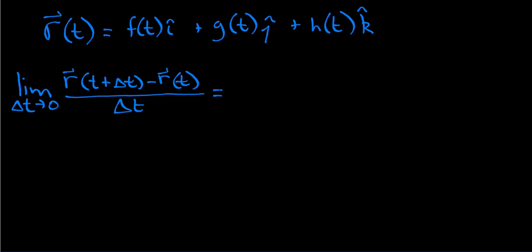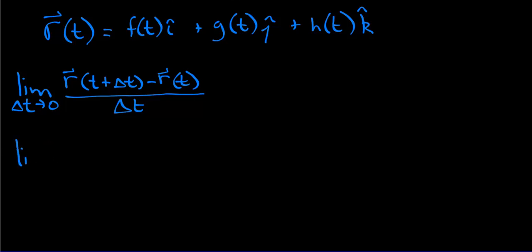Well, we get f of t plus delta t i, plus g. And I'll tell you what, let's give myself a little more room. Let's walk down here. It would be f of, and let me put in the limit.